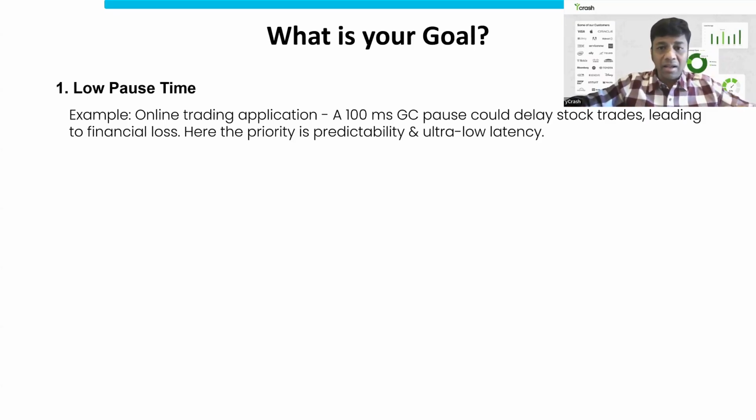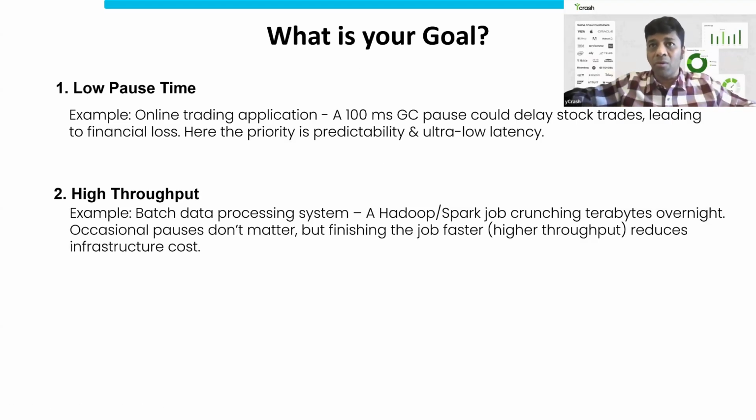And then another goal can be: I'm interested in high throughput. I want a high GC throughput. For example, say I'm running a batch application. Say my batch application starts after my critical business window, let's say at 6 p.m., once all my regular business is over, and it starts to run.